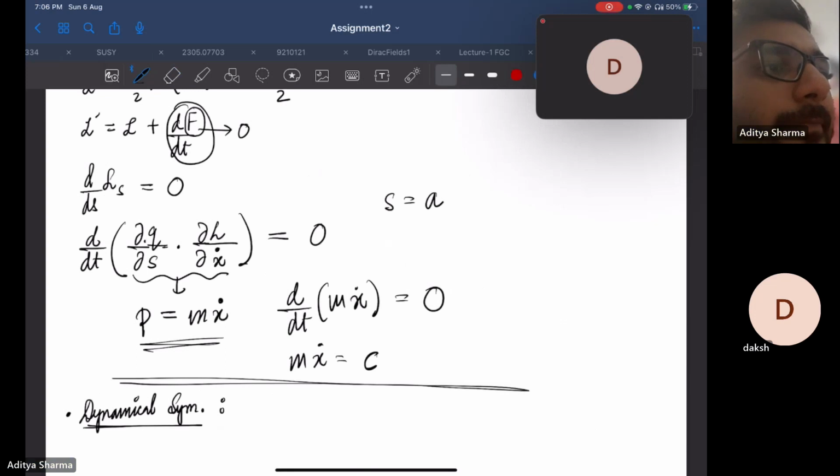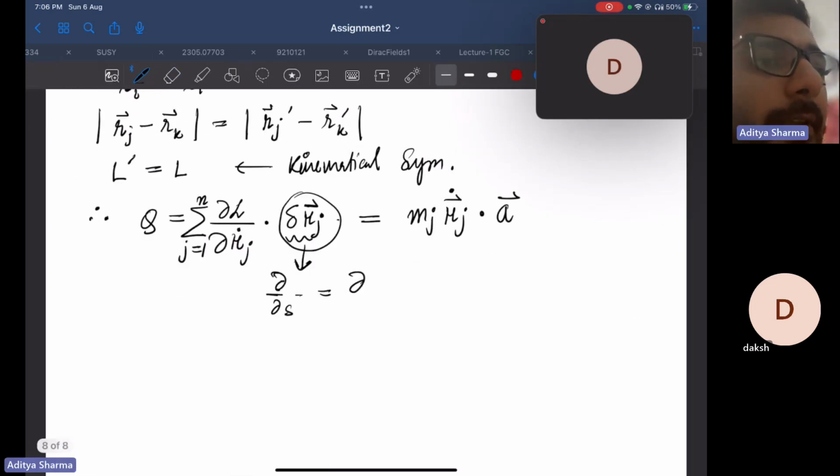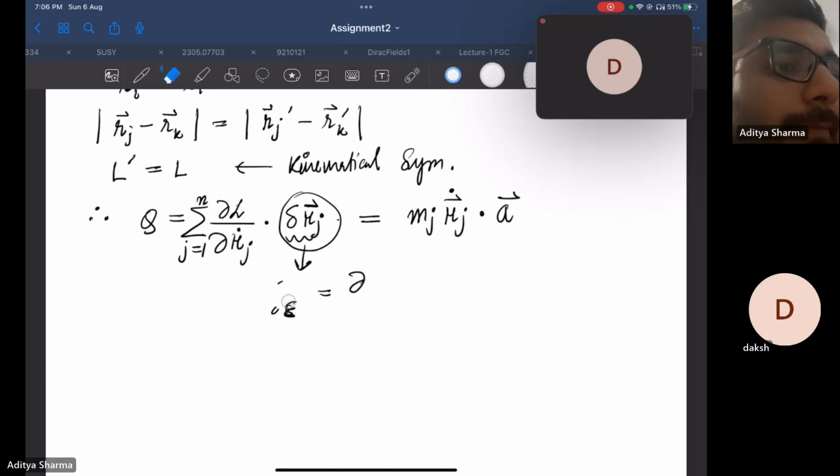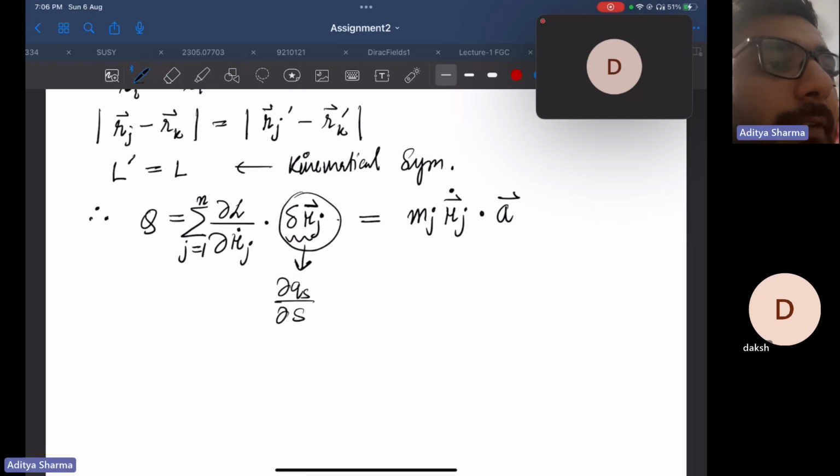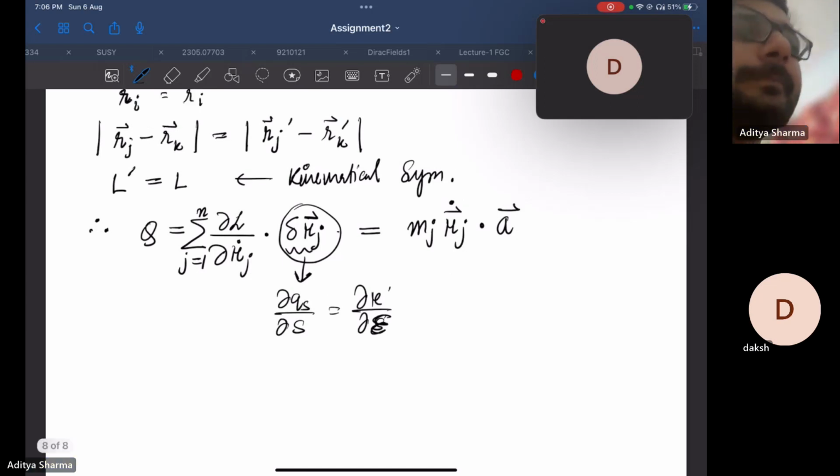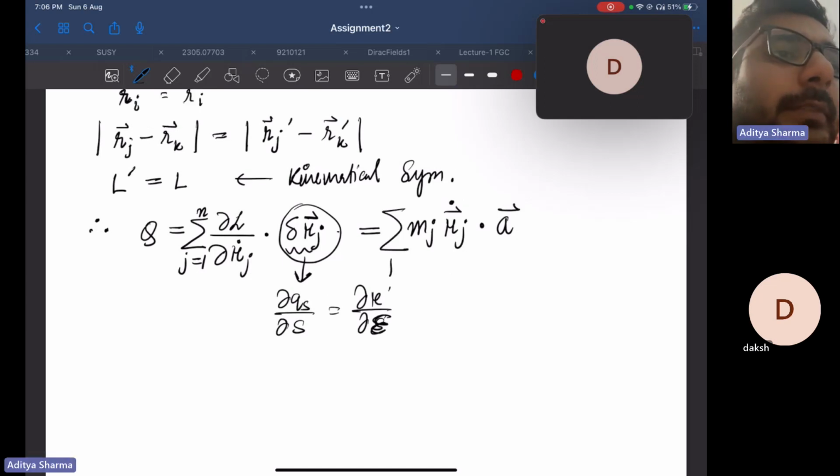This is the generator. So dou qs by dou S is equal to dou R by dou S in our case. This is R prime dou S, so dou epsilon in our case. So you get this, so you have summation over j.